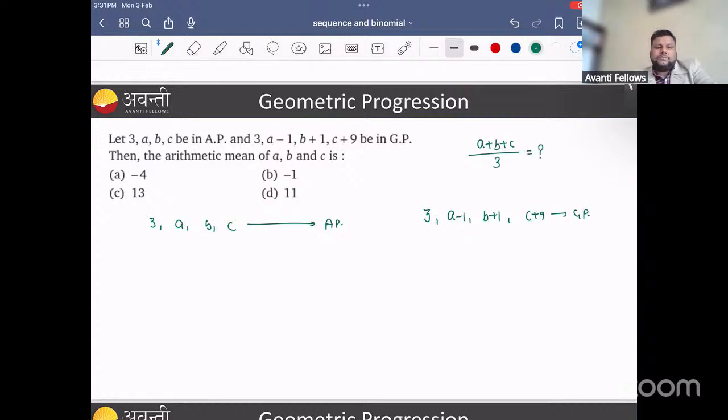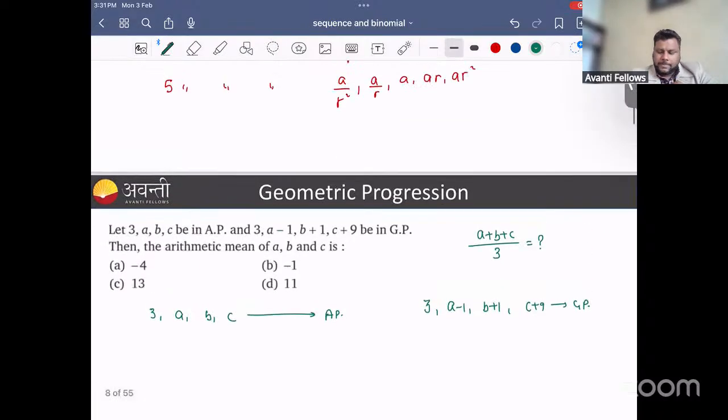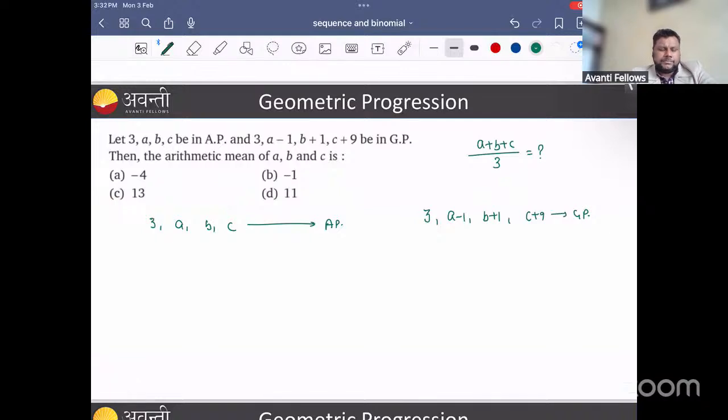What is it? Yes, do it quick. Everybody, quick, quick.